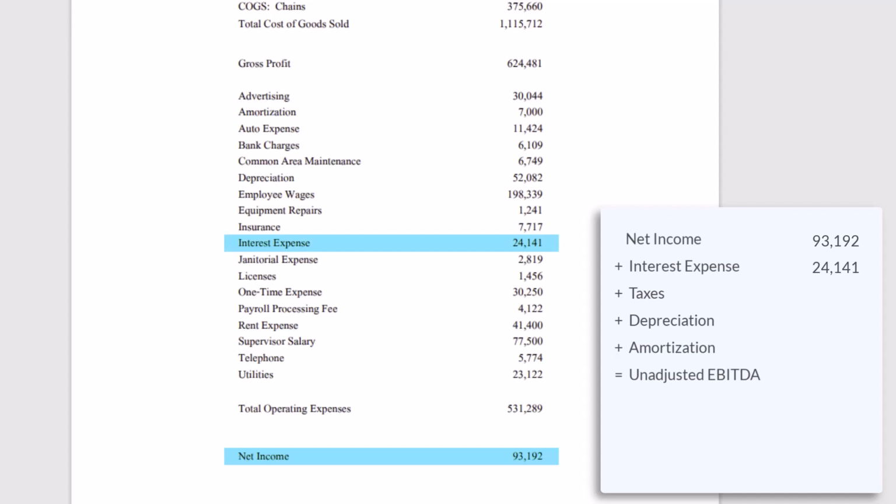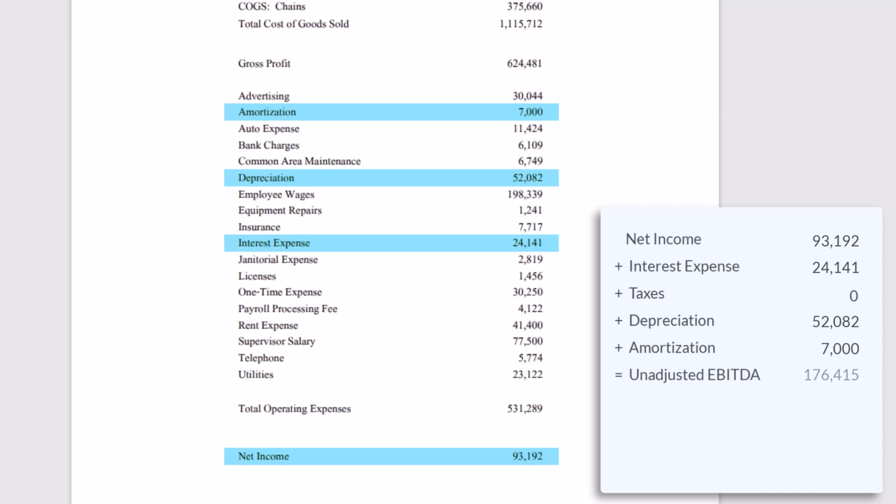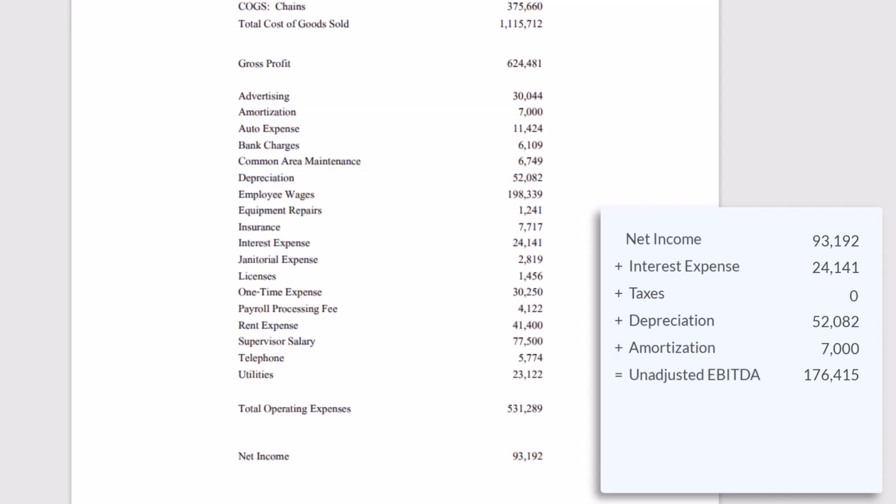Just briefly, as a limited liability company or an LLC in the United States, this entity actually doesn't report any corporate income taxes, so in this instance, taxes are zero. Next, we have depreciation of $52,082 and amortization expense of $7,000. And when we total all this up, we get unadjusted EBITDA of $176,415.